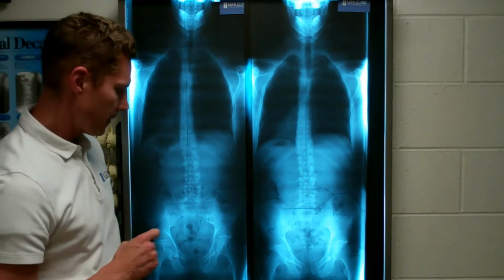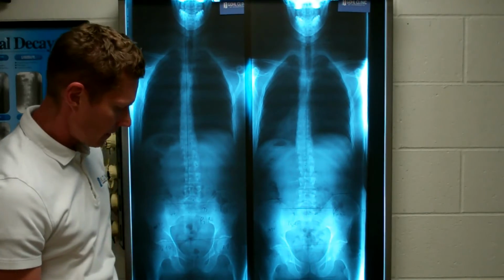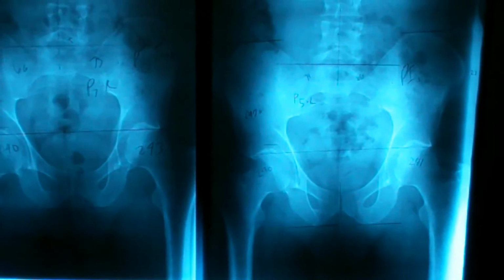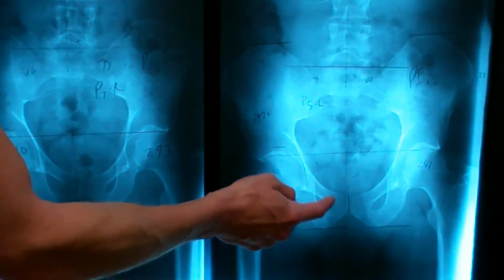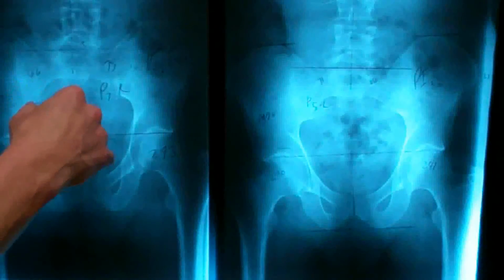Huge change. Now, what happened here in the pelvis, this is really interesting. What you'll notice here is these obturator sizes completely reversed. On the pre-X-ray, this side is very large. On the post-X-ray, now they're either reversed or almost identical. The sacrum rotation has changed significantly.